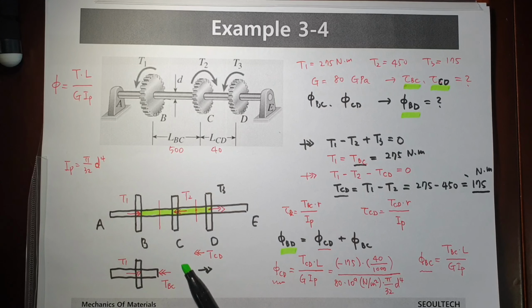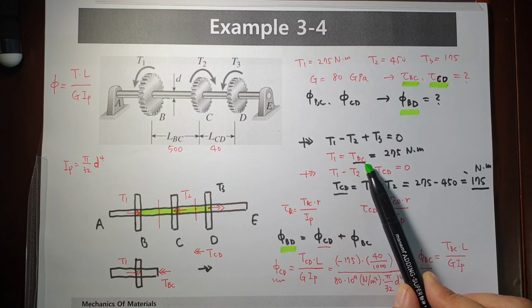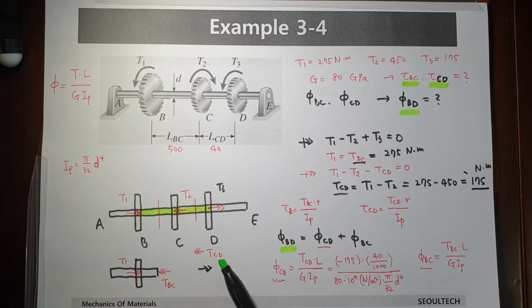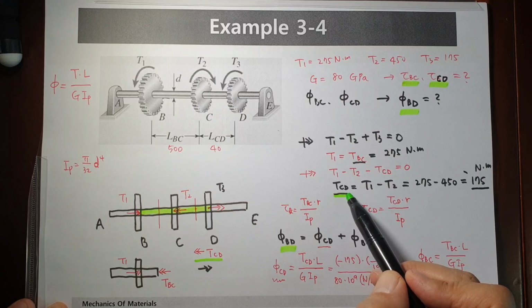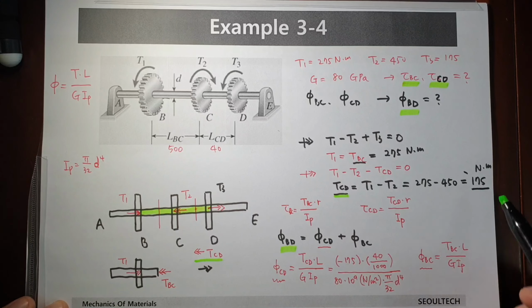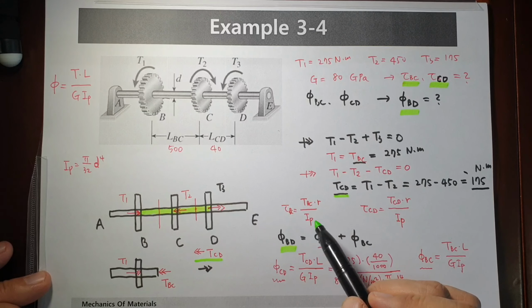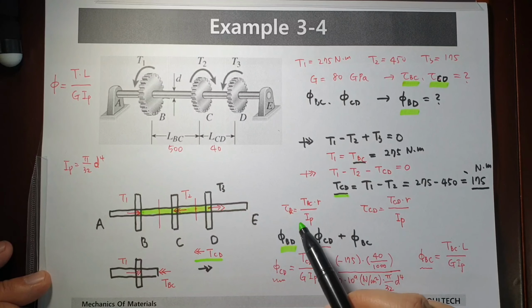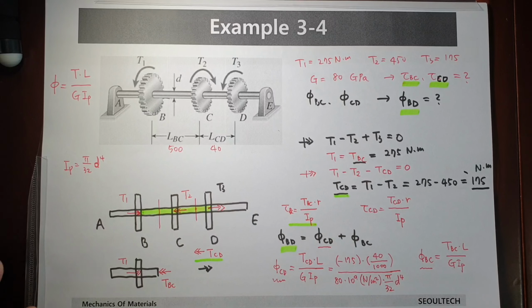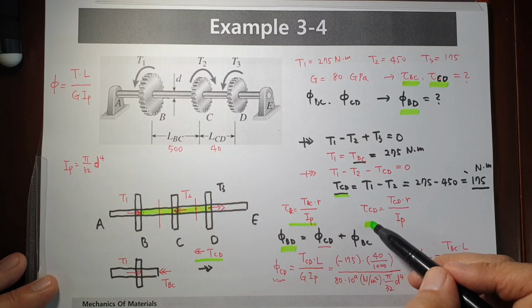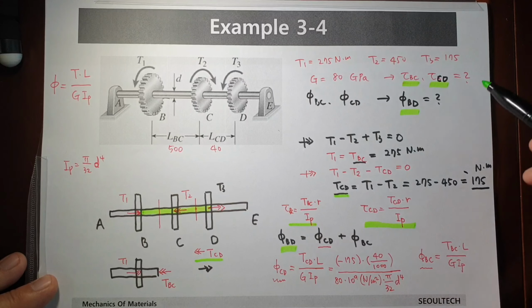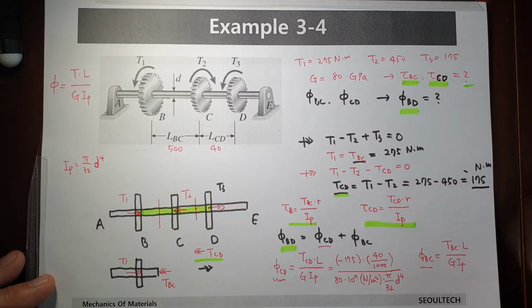Based on this free body diagram, you can calculate TBC, and next, similarly, TCD also, this value can be calculated like this one. Then we can calculate shear modulus of elasticity, BC equals like this one. CD is given like this one. Then we have answer like this one.